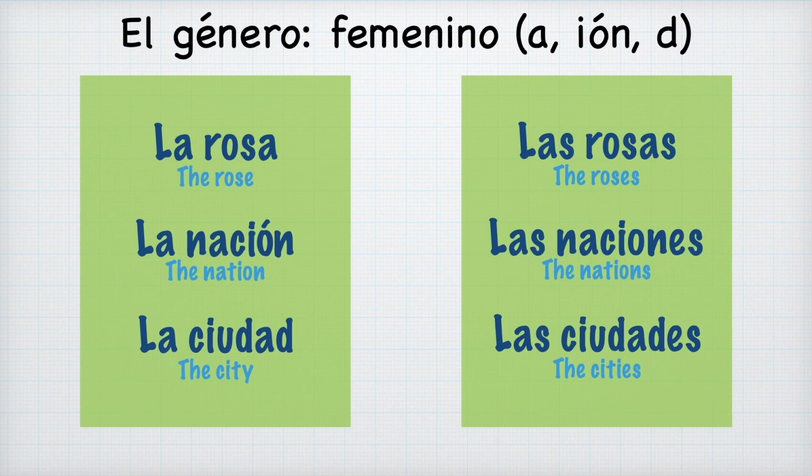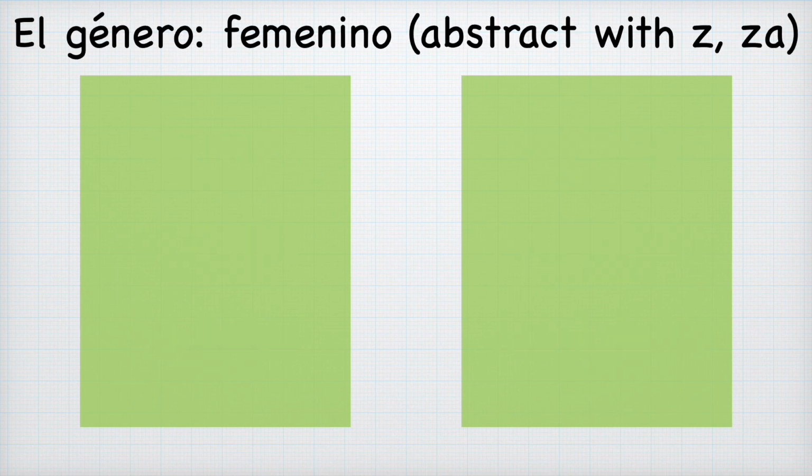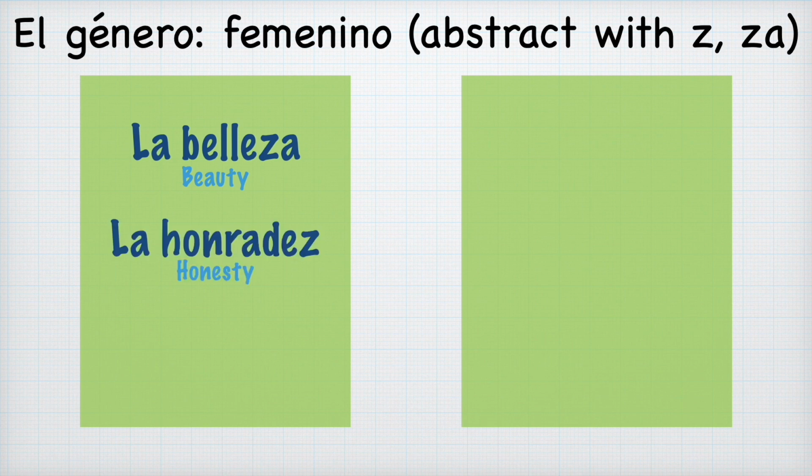Another rule is with abstract nouns that end in z or za. They're usually feminine as well, in singular. So I have a few examples for you here. La belleza. La honradez.